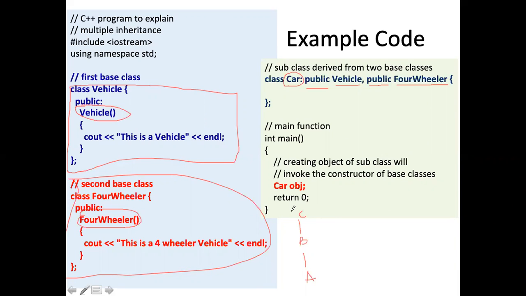Okay, so in this particular case, this is an example of a single inheritance, by the way, but it has multiple levels. So this is a situation in which B inherits from C, and that is a single inheritance, and then A inherits from B, that is also a single inheritance.